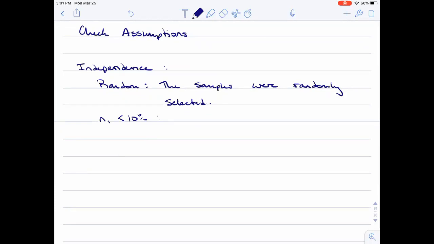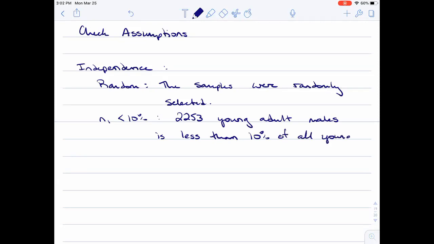So 2,253 young adult males is less than 10% of all young adult males.